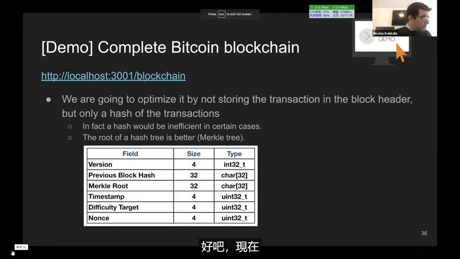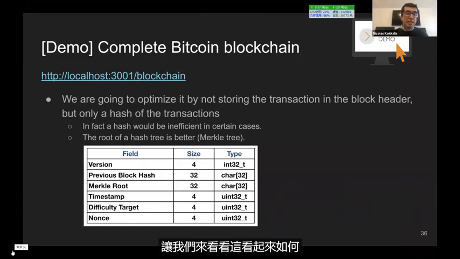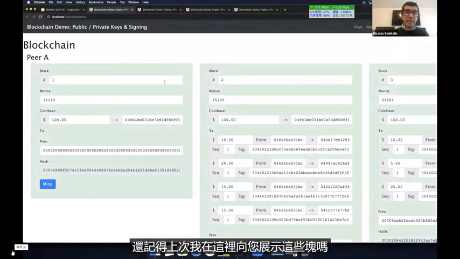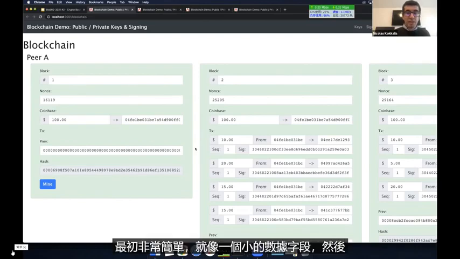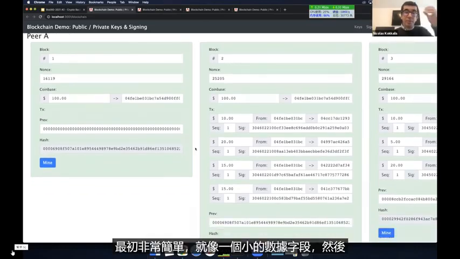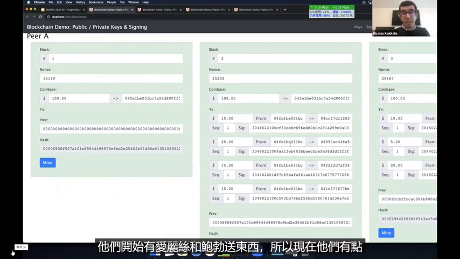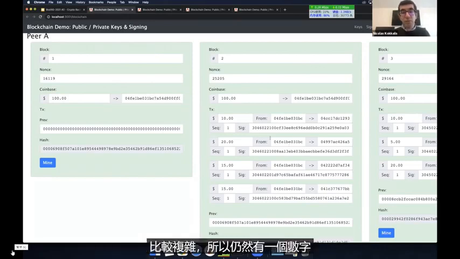All right, so now let's look at how it would look all together. Remember last time I was showing you these blocks that were initially very simple. It had a little data field, and then they started having Alice and Bob sending stuff. So now they're a little more complex. There is still the number of blocks, there's still a nonce, there's still a Coinbase.